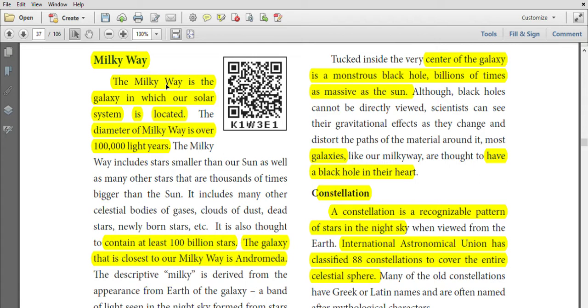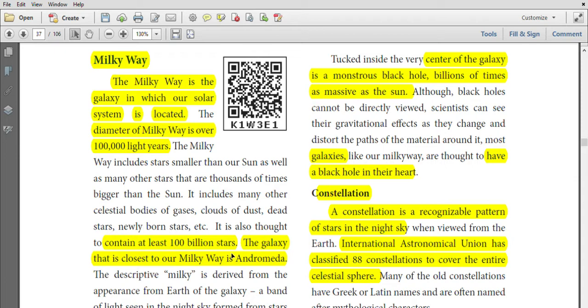The Milky Way is the galaxy in which our solar system is located. The diameter of the Milky Way is over 1 lakh light years. The Milky Way galaxy contains at least 100 billion stars.